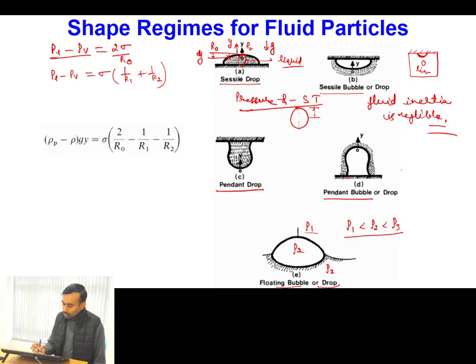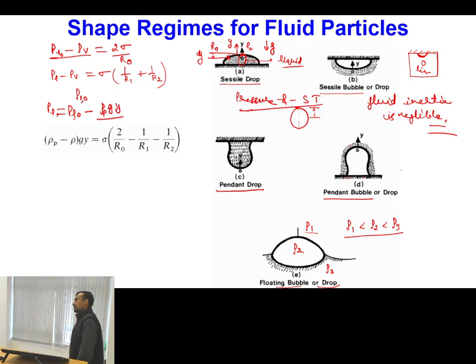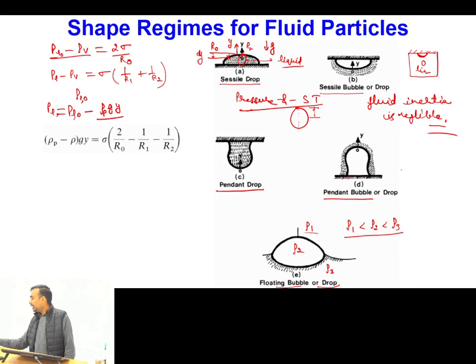To account for the pressure change with y, if PL0 is the pressure at the O point, then the pressure at any point L will be equal to PL0 minus rho of the particle times g y. Is this point clear? Rho of the particle, whatever fluid particle we have in hand.